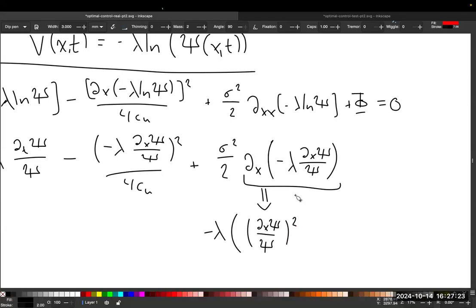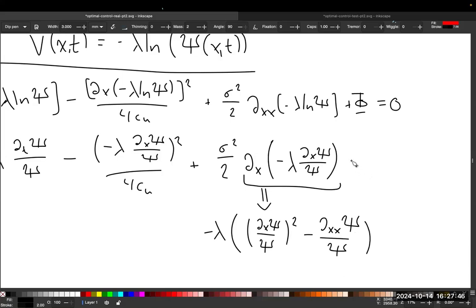When we have that negative, the negative cancels out here. And the other part of this product rule is going to be negative partial xx psi over psi.